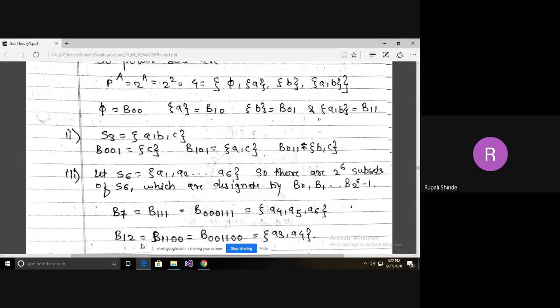Okay. Now suppose B12 is the given set and we have to find out what different elements are included in this set. So how can we find out? Just tell me the procedure. Again the same: first of all we have to find the binary representation of 12, and it comes as 1100.